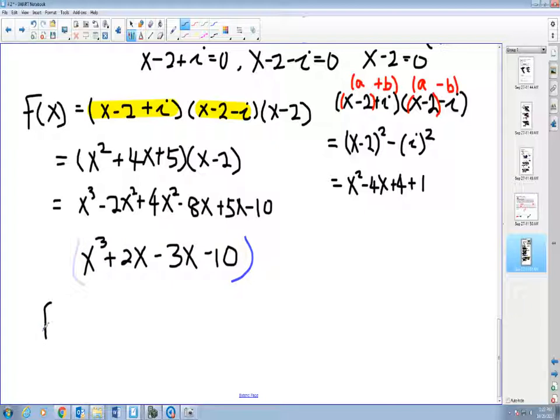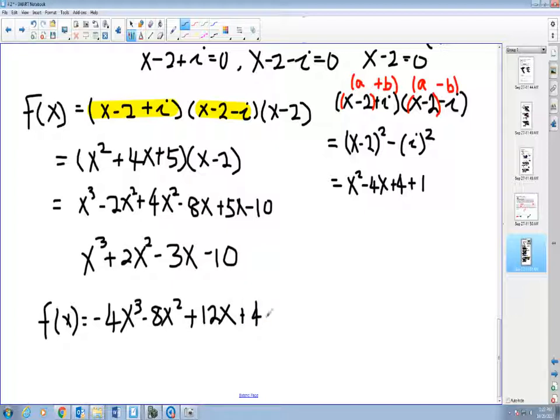My final answer will be -4x to the third, -4 times 2, -8x squared. Oh man, I'm leaving out my squared too much. -4 times -3, positive 12x, and -4 times -10, positive 40. Alright, and that will be my answer.